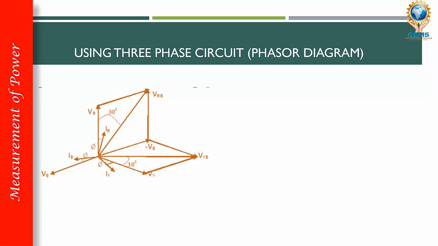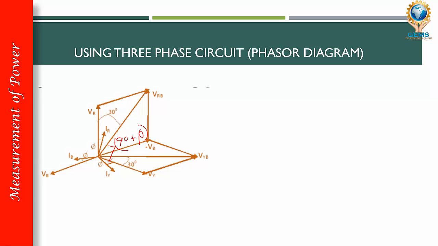So the line voltage is represented by VRB, and this is the phase voltage VB. So this portion will be 90 plus phi. So between this portion, we can see we have a 90 degree, more than 90 degree here.